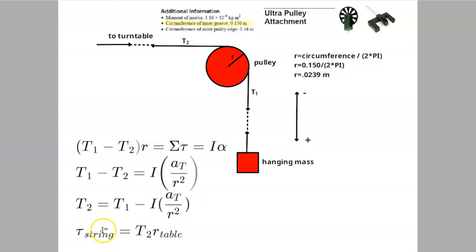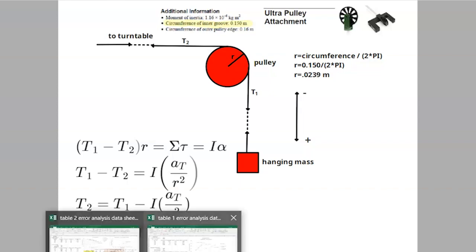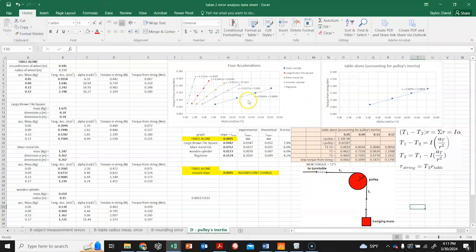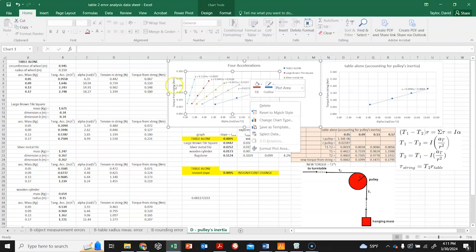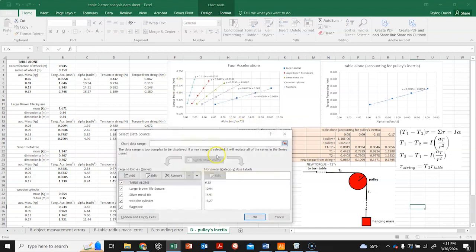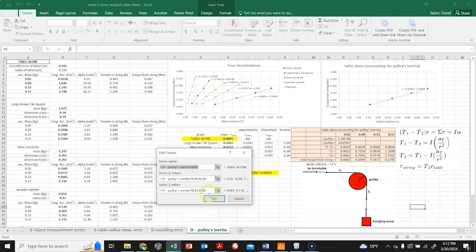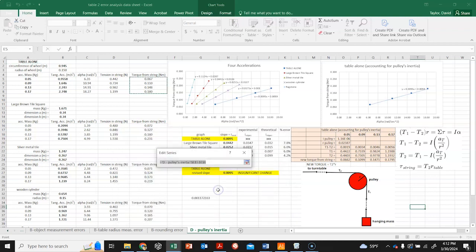Now I'm able to know that the torque from the string on the turntable by force T2 is T2 times the moment arm, or the radius of the table. So I'm going to go to my spreadsheet again, and in this graph, when I plotted torque versus alpha, you can see for the table alone, here we go. There's my Y data. I'm using the torque from the string that I used all along.